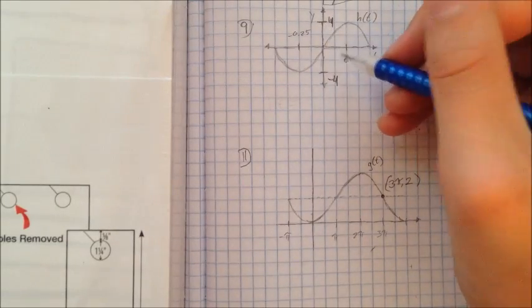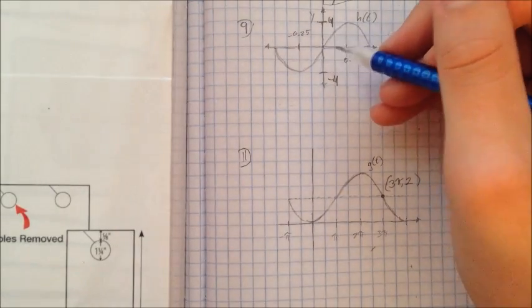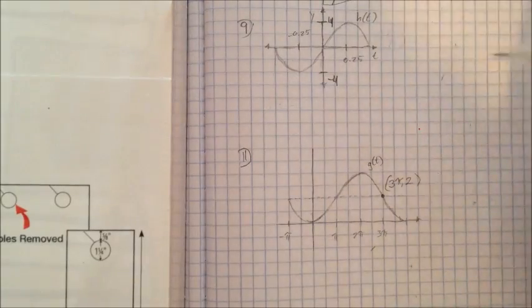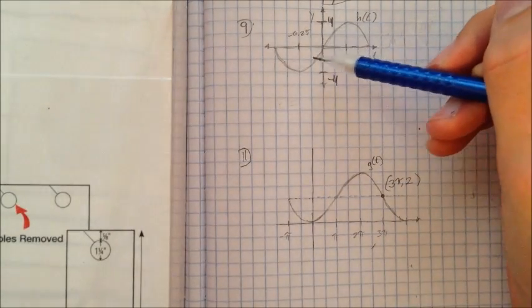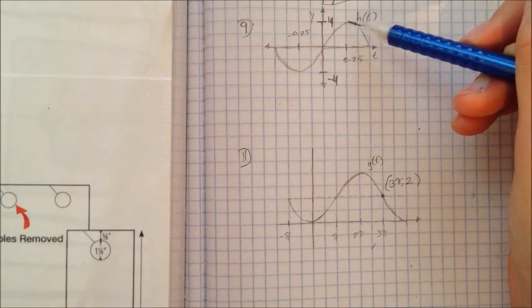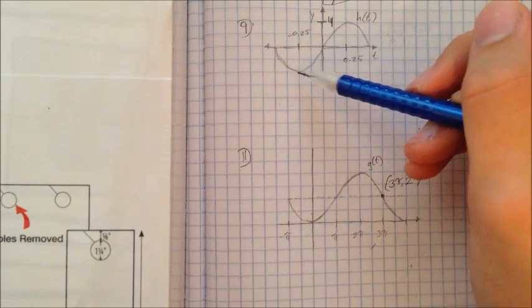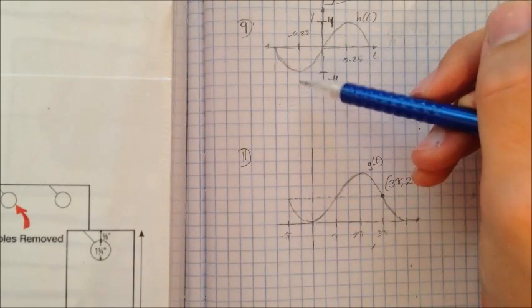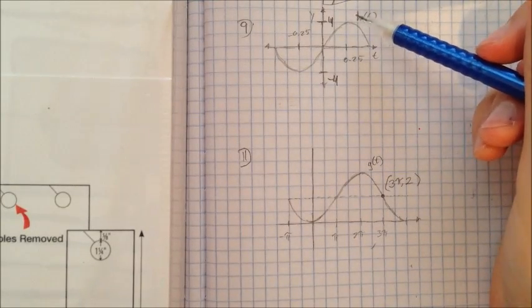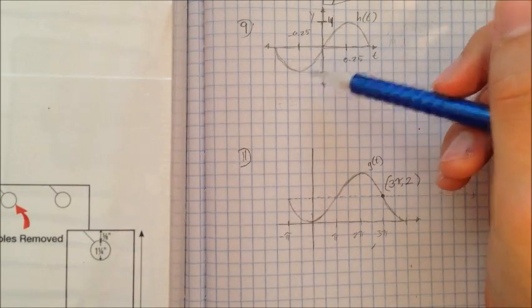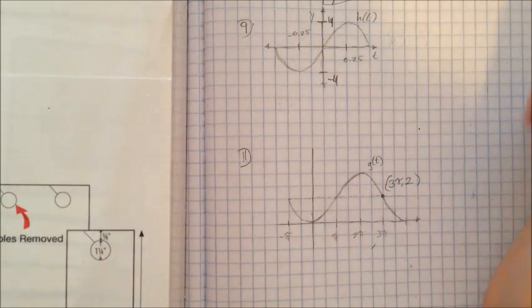So first, let's just see what we can figure out by looking at this graph. We see that it maxes at 4 and it troughs at -4. So our maximum is going to be at 4 and our minimum is going to be at -4 for the y values, or they're not going to go past that.